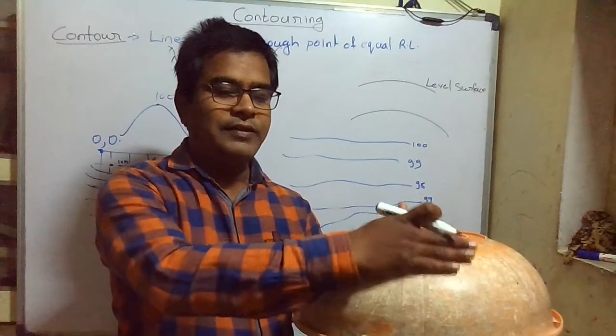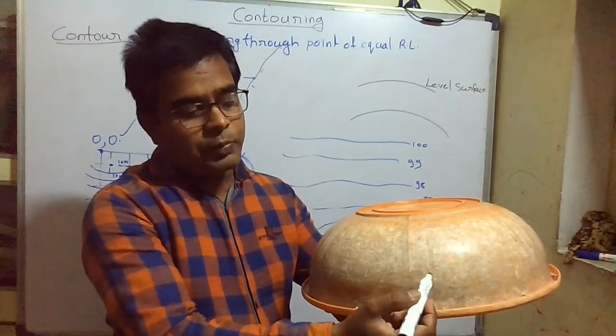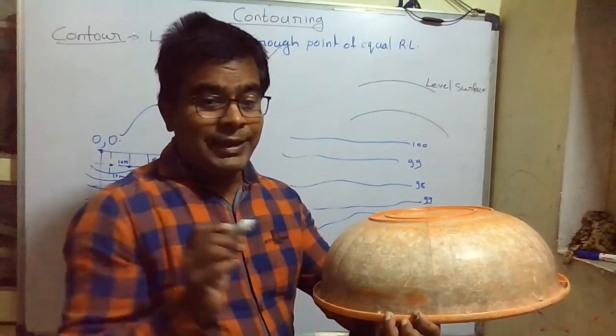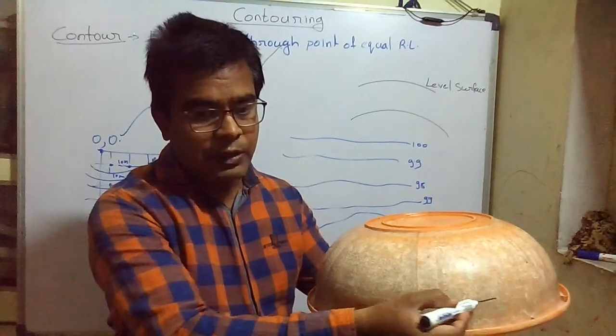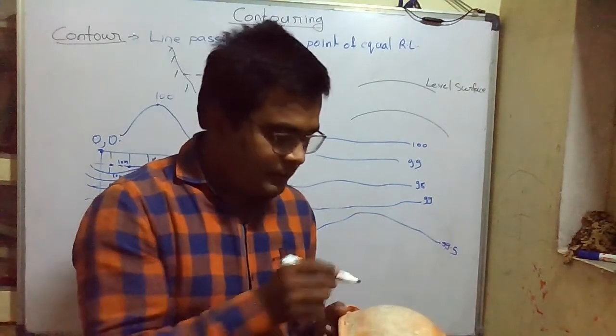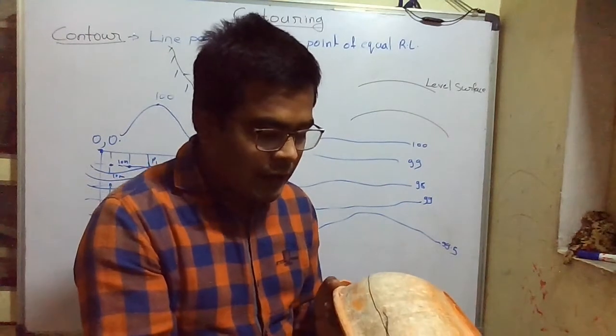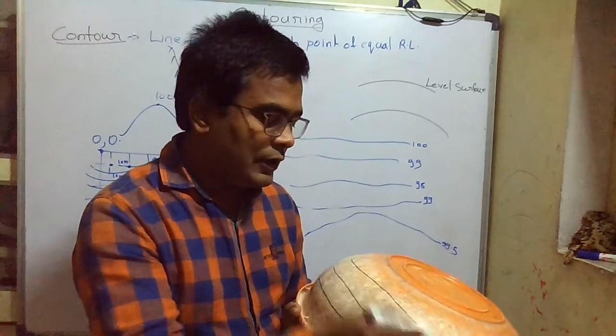If I take the RLs, I will get some points of the same RL. So I can draw lines here: one line here, one line here, one line here.